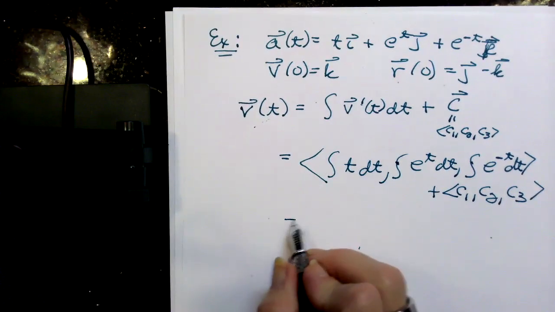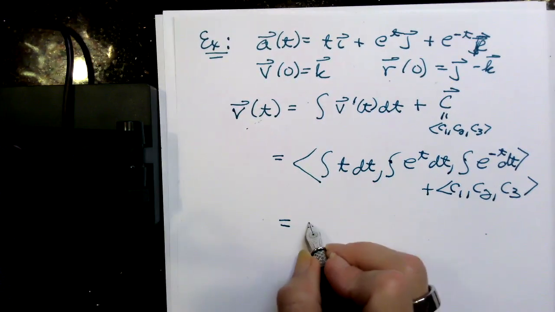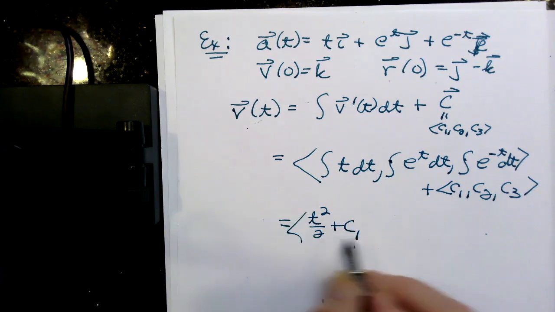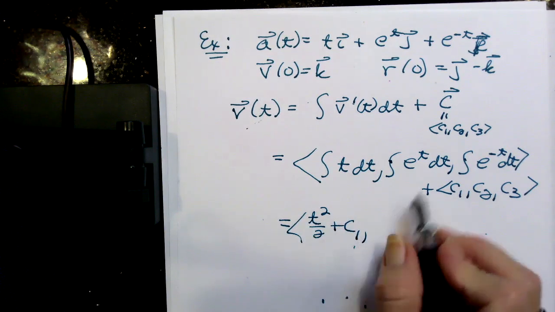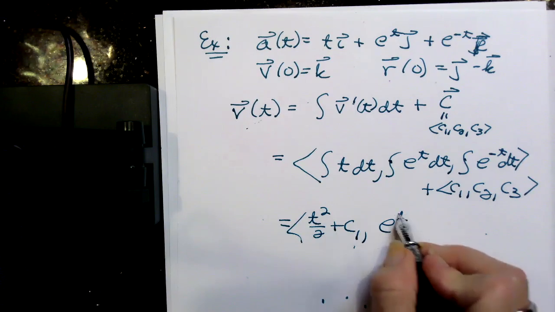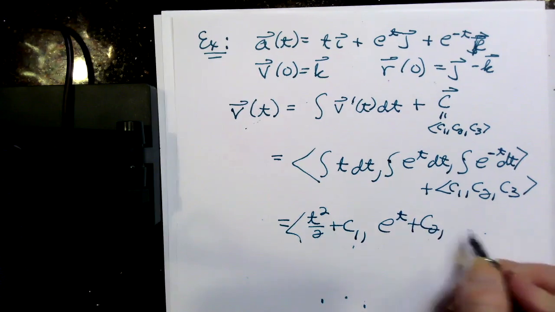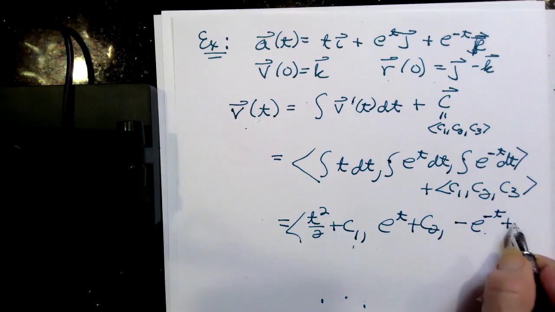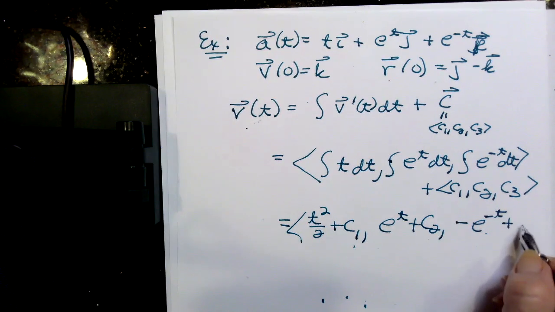Okay? So in other words, when you integrate t, you'll get t squared over 2 plus c1 as the first component. Here you'll get e to the t plus c2 as the second component, and then minus e to the minus t plus c3 as the third component.